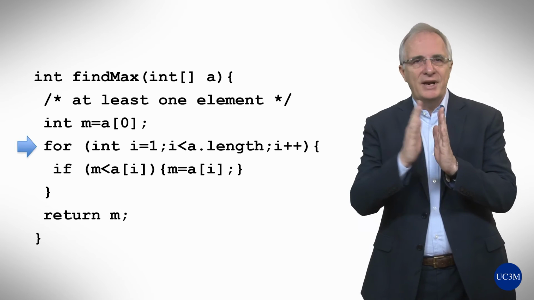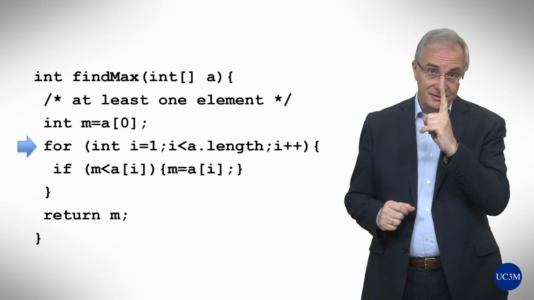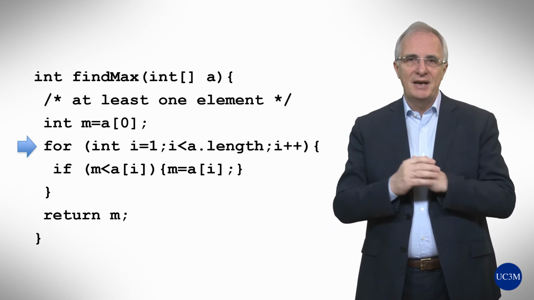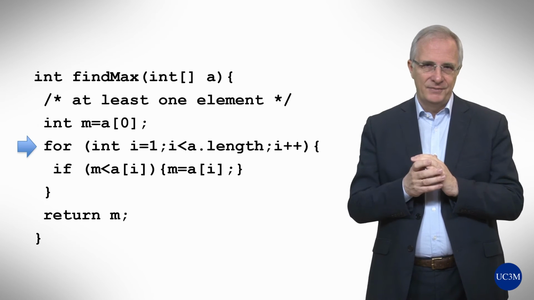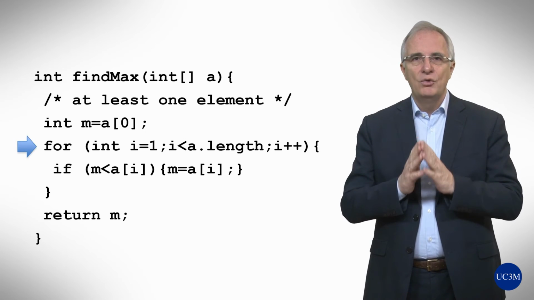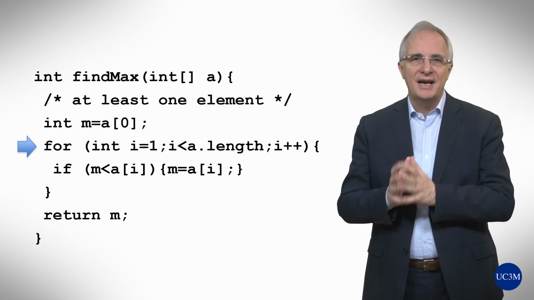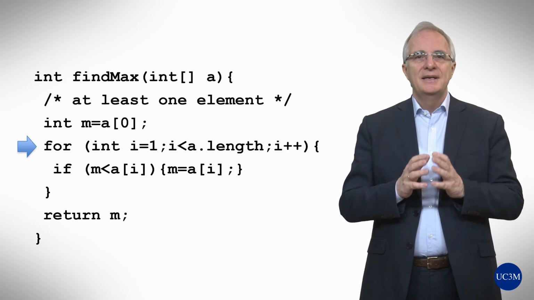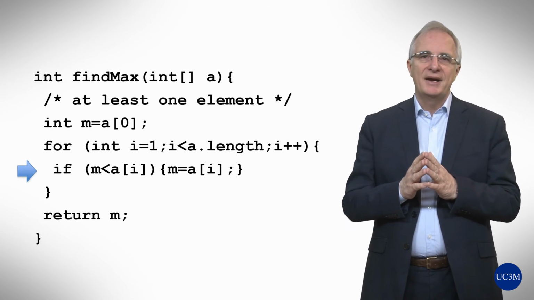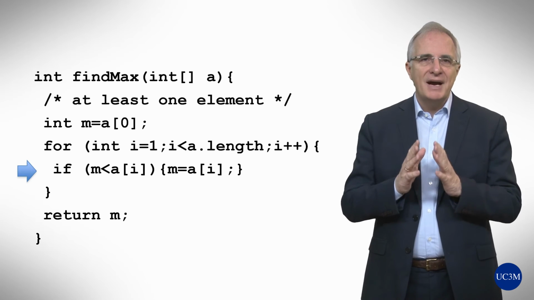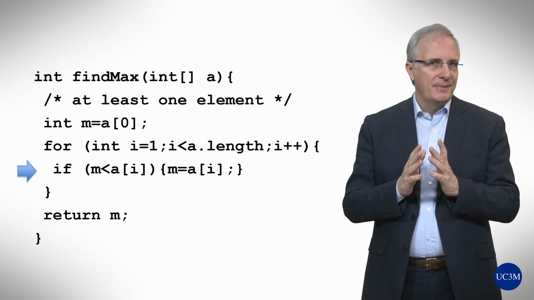Then we traverse the array from position 1, the second, to position n-1, the last one. Therefore, the loop is executed n-1 times. Each time we compare a of i with the maximum value seen so far, m.